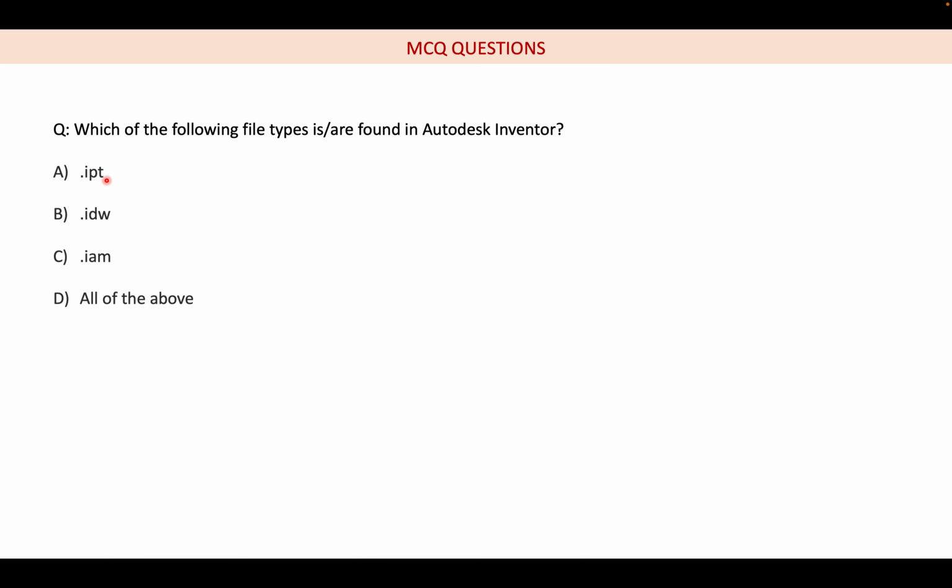Option A, dot ipt; option B, dot idw; option C, dot iam; option D, all of the above. Okay, correct. So this is part, and this is drawing.